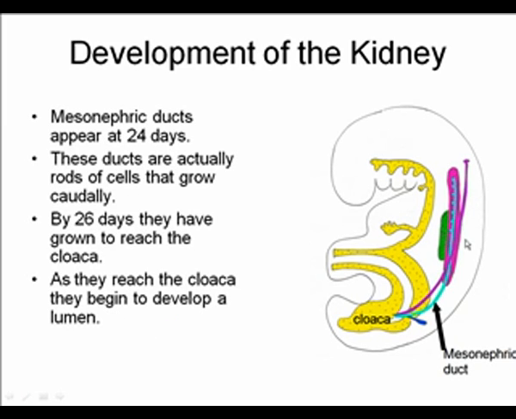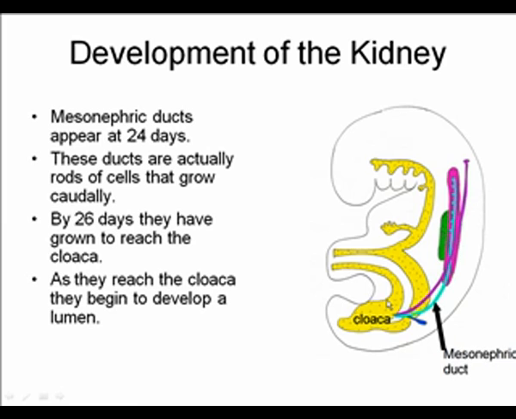The mesonephric ducts appear at about 24 days. They grow in a cephalocaudal direction, and they grow towards the cloaca. You remember the cloaca is that enlarged end of the hindgut that receives the allantois. And by day 26, this mesonephric duct is going to reach the cloaca.